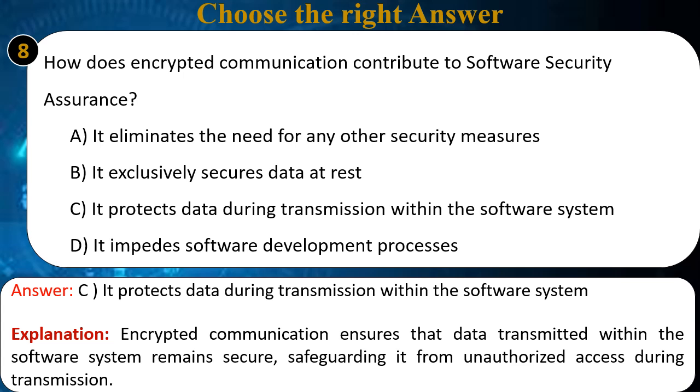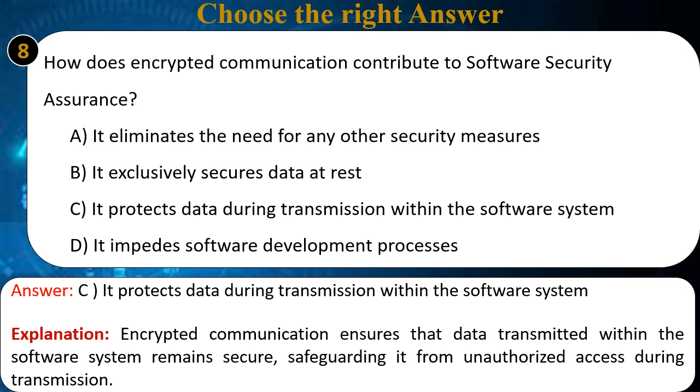D. Encryption, when implemented properly, should not impede software development processes. Modern tools and libraries make it relatively seamless to integrate encryption into software systems. Therefore, the primary benefit of encrypted communication in SSA is that it scrambles data as it travels between different parts of the software system, ensuring its confidentiality and integrity.